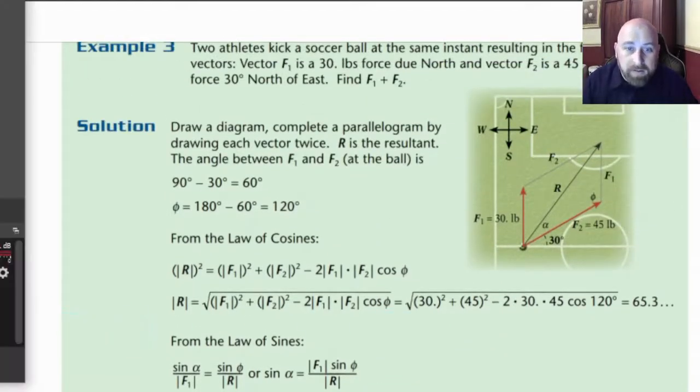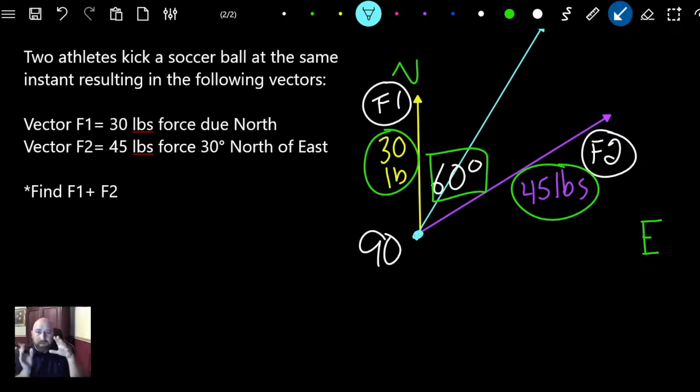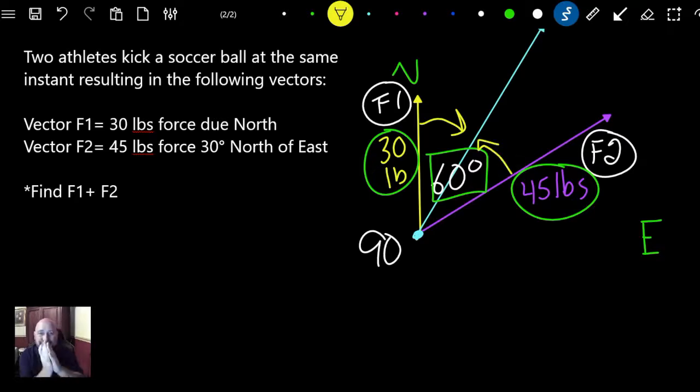Okay, let's go back here and let's talk about what is the resultant, right? What are we looking for here? Well, what we're looking for is this center right here. We're looking for the resultant, but we're looking to add them up, in other words. So it's almost like we're taking this yellow line and moving it in, and we're taking this purple line and moving it in, and then we're joining them, we're adding them.